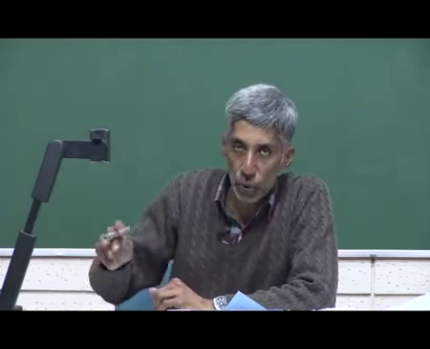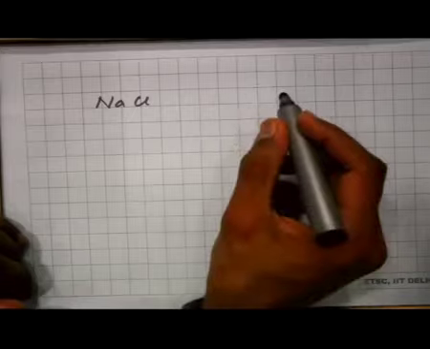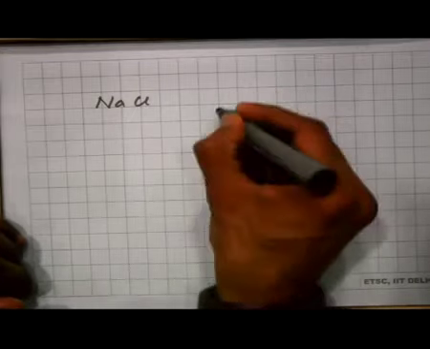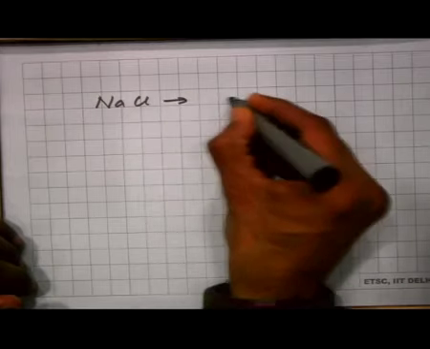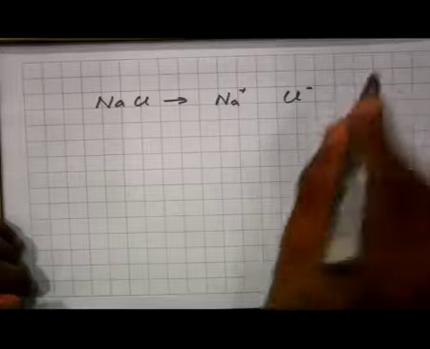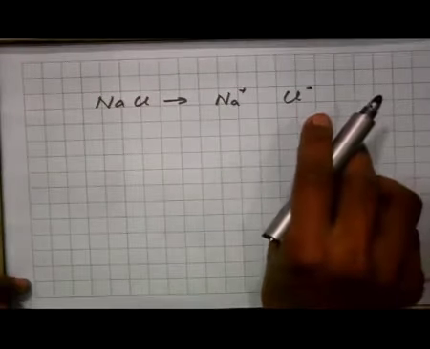So, with this, let us move on to looking at the kinds of interactions. If I take sodium chloride in a solid, we already know its structure. We know the structure to be Na+ and Cl- arranged in a particular crystalline lattice in cubic form.